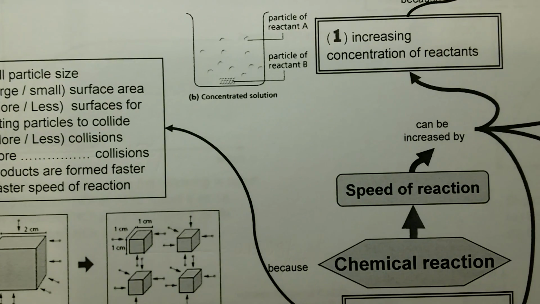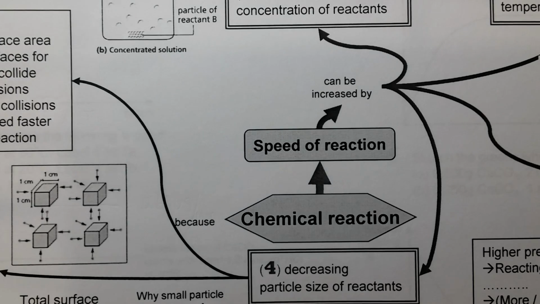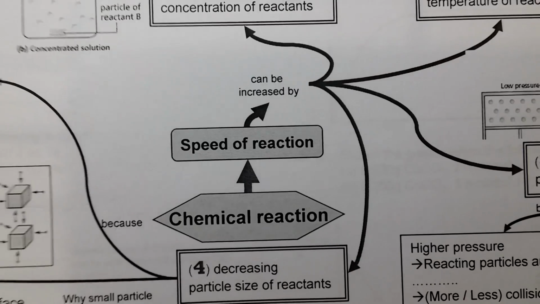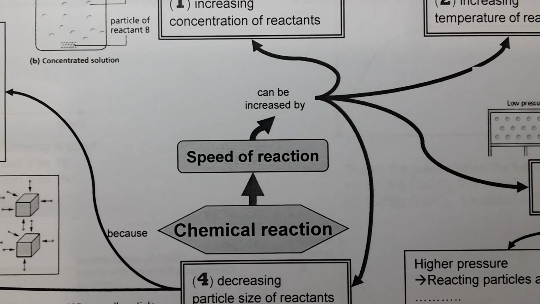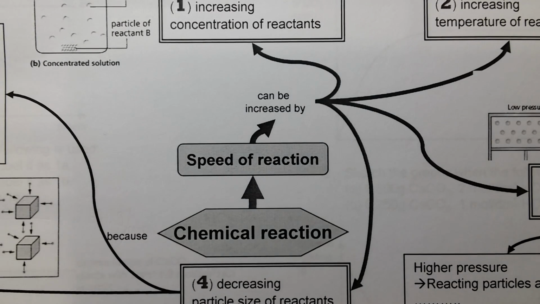Okay, page 2 of the mind map concerns factors that affect the speed of the reaction. A lot of times we want to find out how to speed up a chemical reaction. For example, you set up a factory and this particular factory produces detergent.